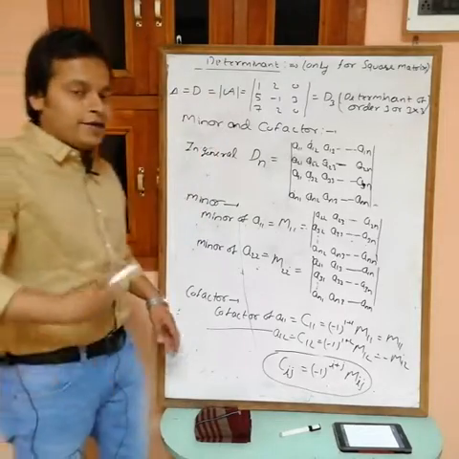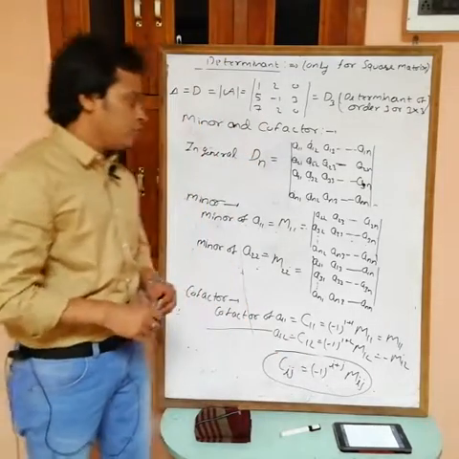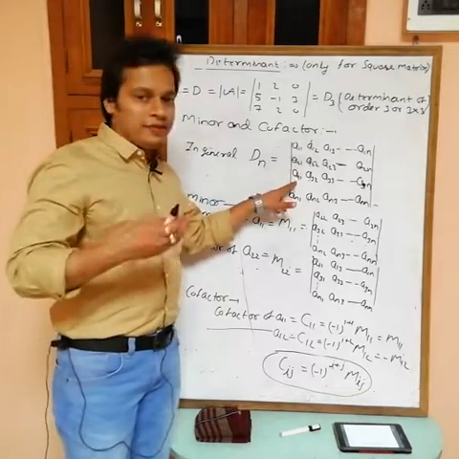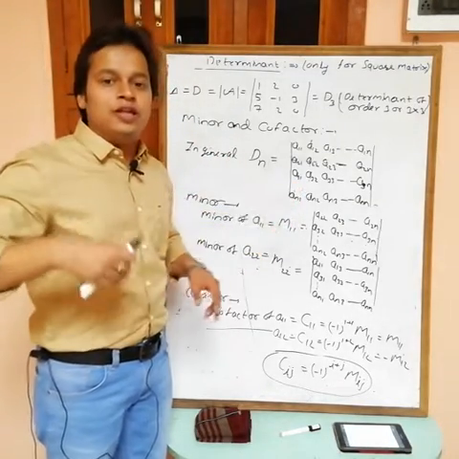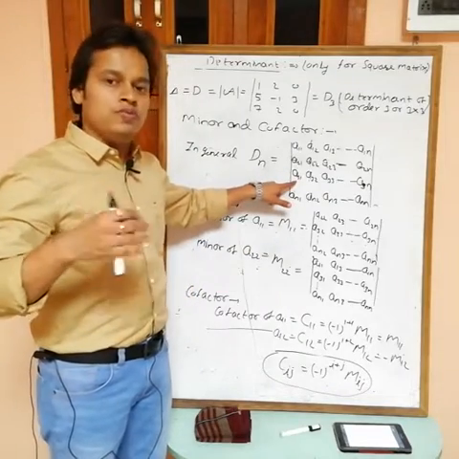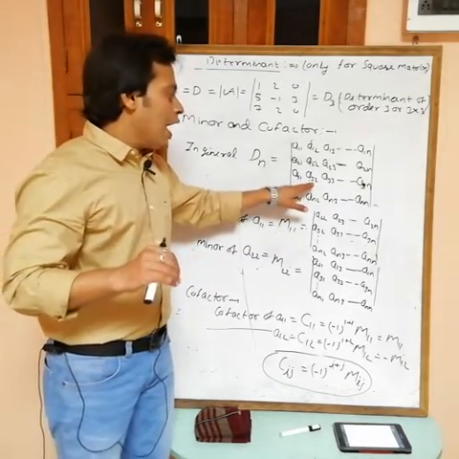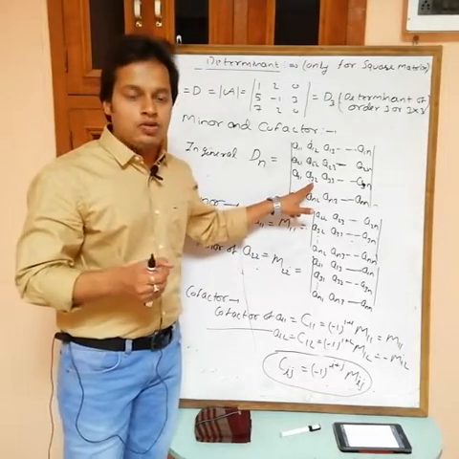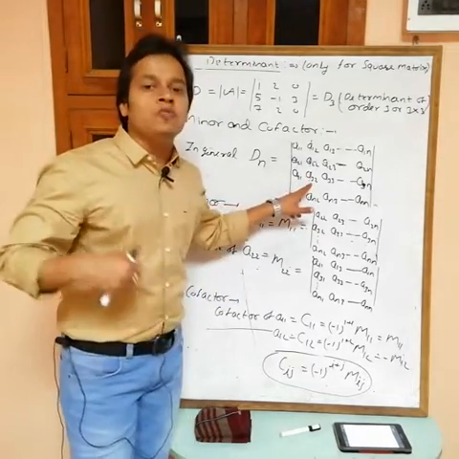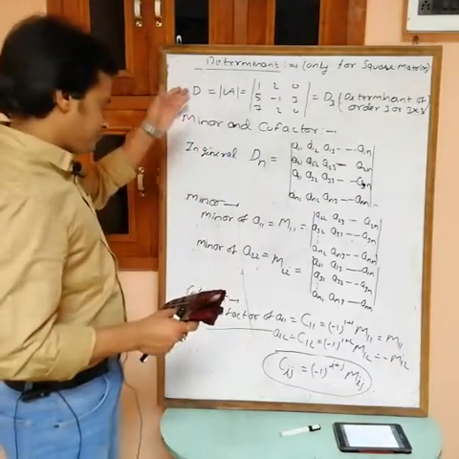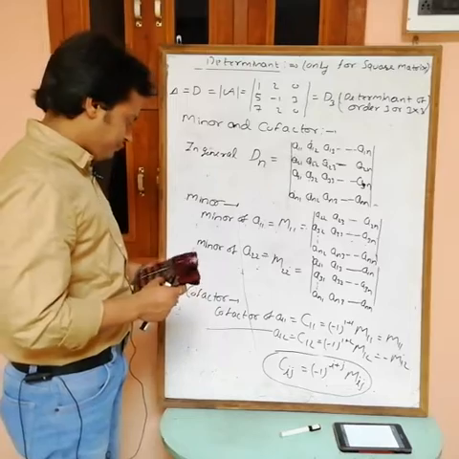Suppose you have the element A31, then 3 plus 1 is 4, then minus 1 power 4 means plus. So the cofactor of this one is equal to the minor of this one. For this one, i plus j is 5, odd, and minus 1 power odd is minus. Then the cofactor of this one is equal to minus the minor of this element. Okay, so write down.